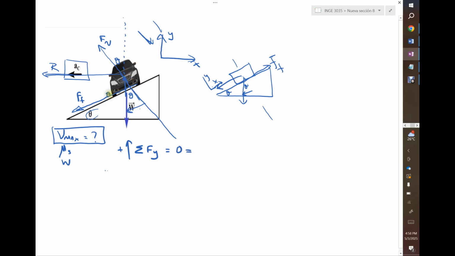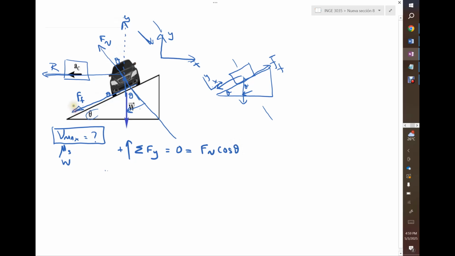Then if I decompose Fn in terms of the y-axis, up is Fn cosine of theta, breaking this into this. Now what happened with Ff, the other force?